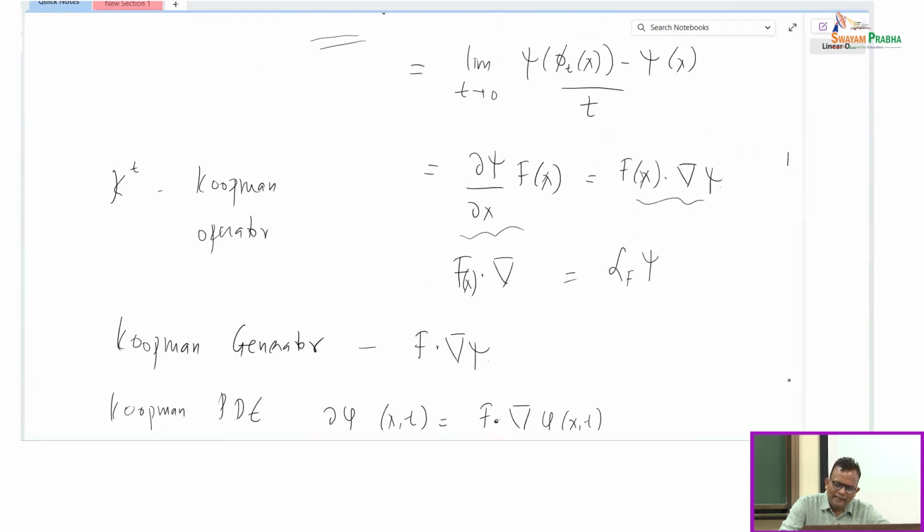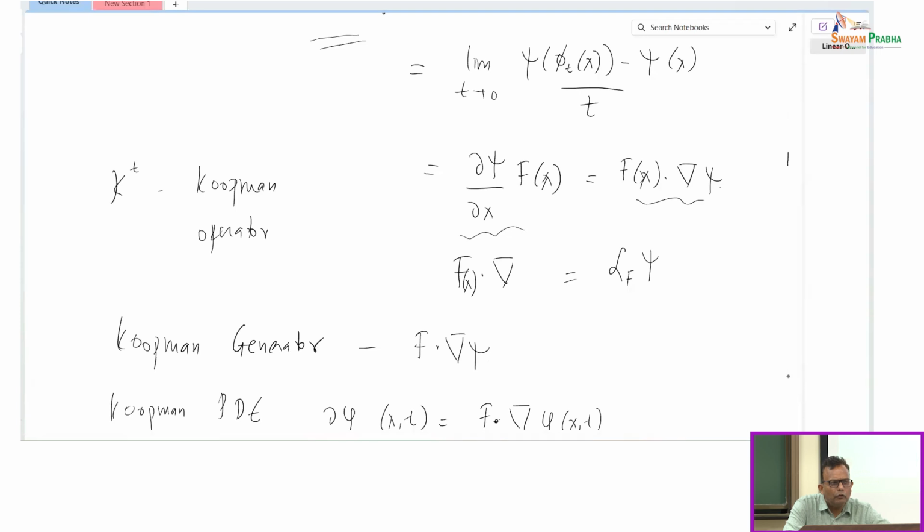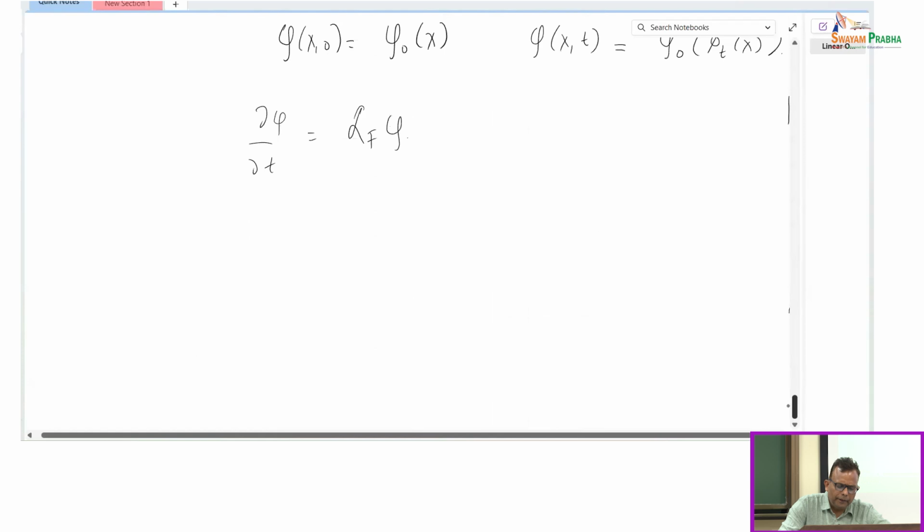Basically it's also very intuitive, because what you're doing here is looking at how the function psi is changing in the infinitesimal sense along the flow of the system x dot equals f of x, right? So that is precisely what this is. That also comes from the Lie derivative, but there is an alternate proof of all these things without referring to the Lie derivative, and I can point you to the paper, or to the book.